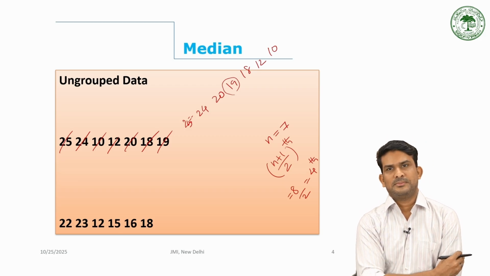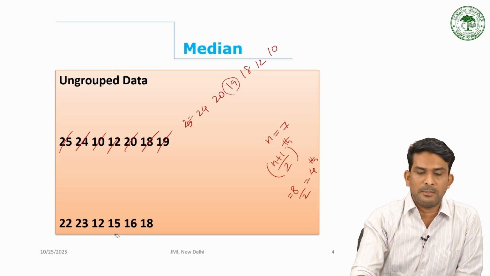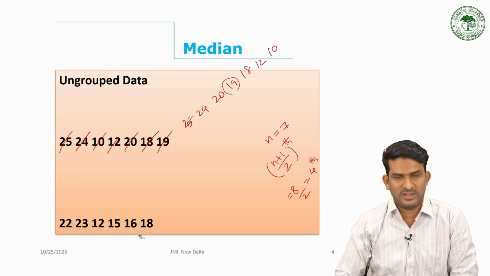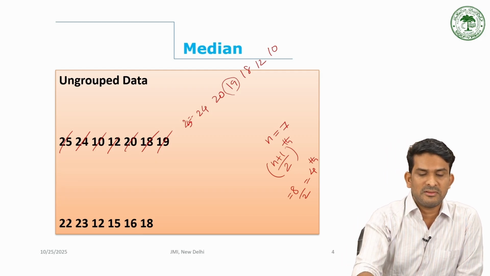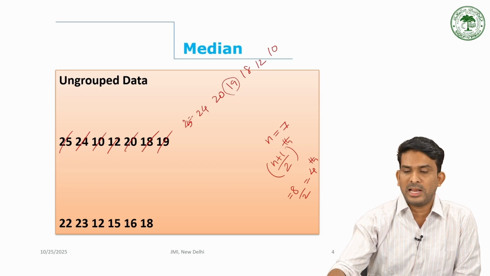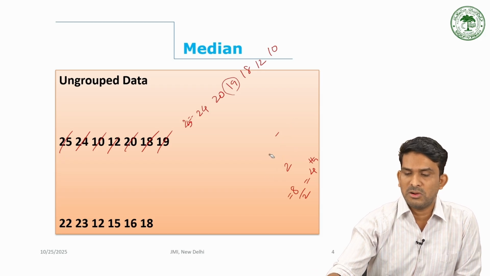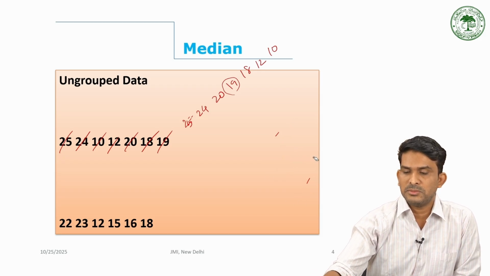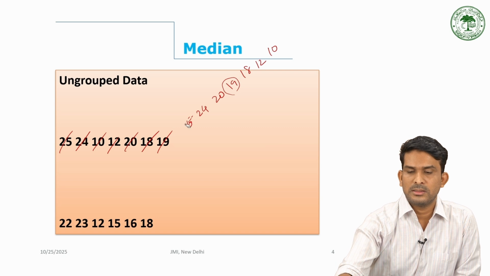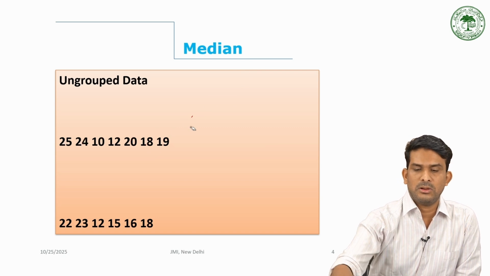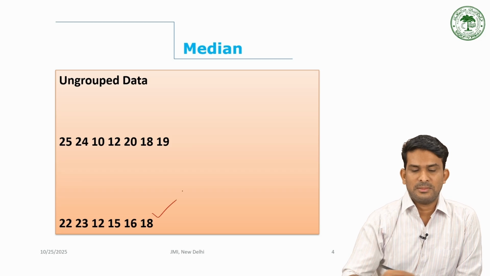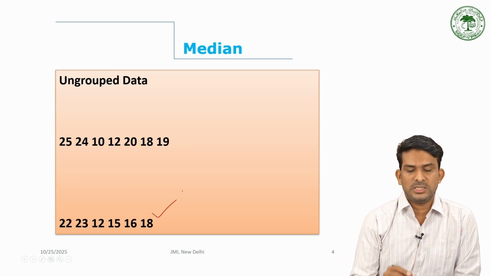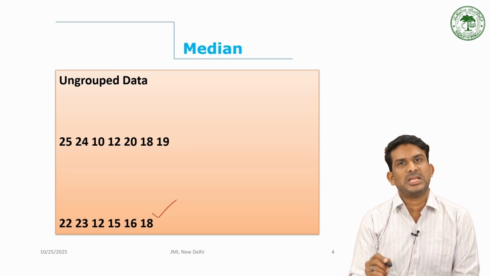When the total number of observations is even, how do you do it? Let me go for median calculation, erasing all the other things. Come to the second example: 22, 23, 12, 15, 16 and 18.